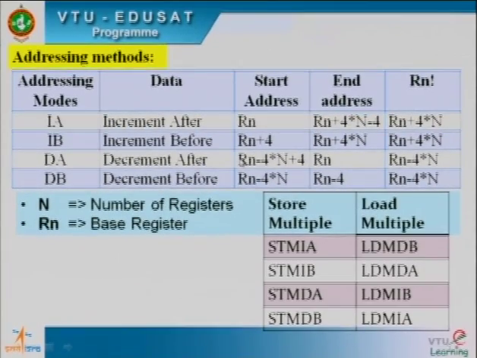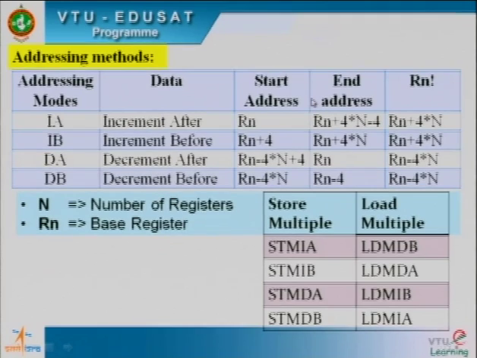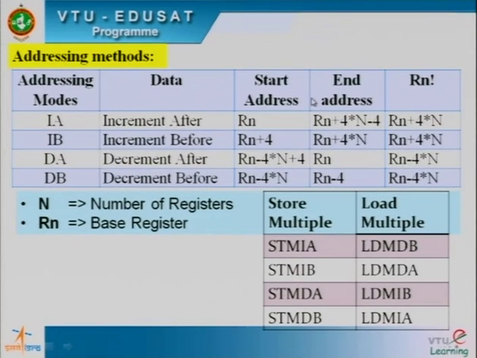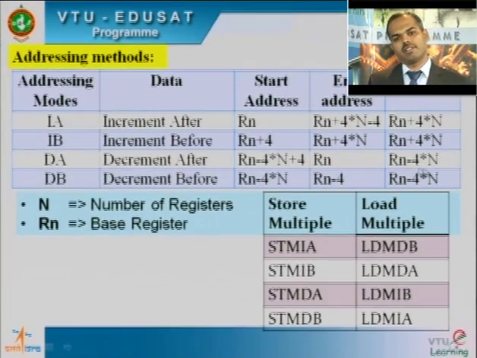DA is decrement after. When we say decrement after, please remember, if we give Rn as a base register, the end address will be Rn, the start address will be Rn minus 4n plus 4. The resultant address is Rn minus 4n.